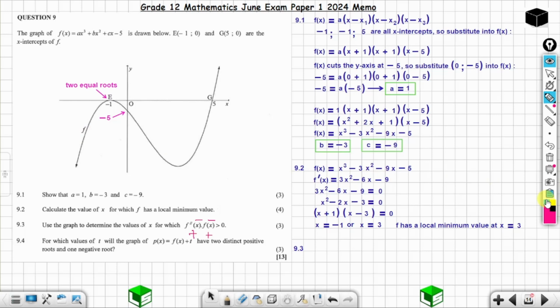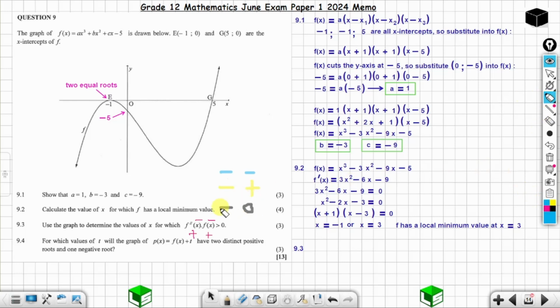So I'll be using the blue color for negative, yellow for positive, and black for 0.